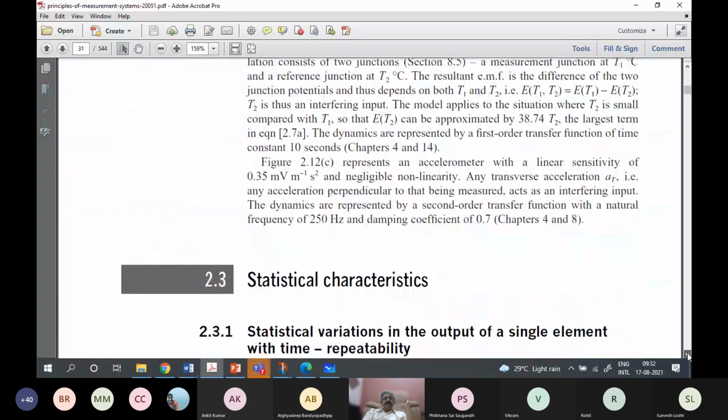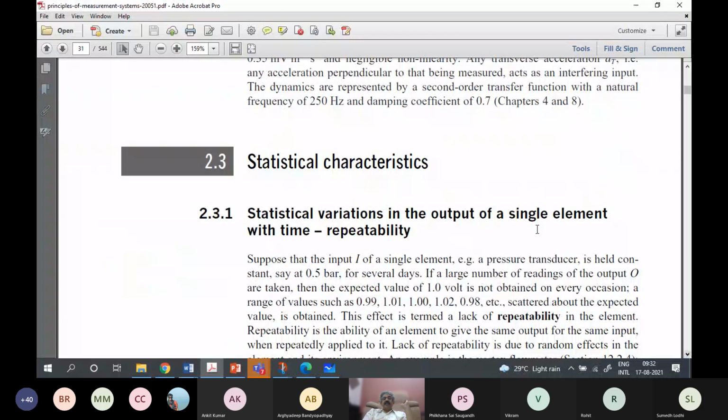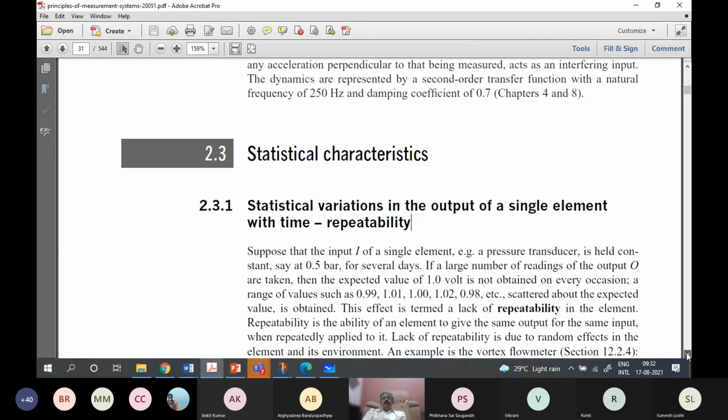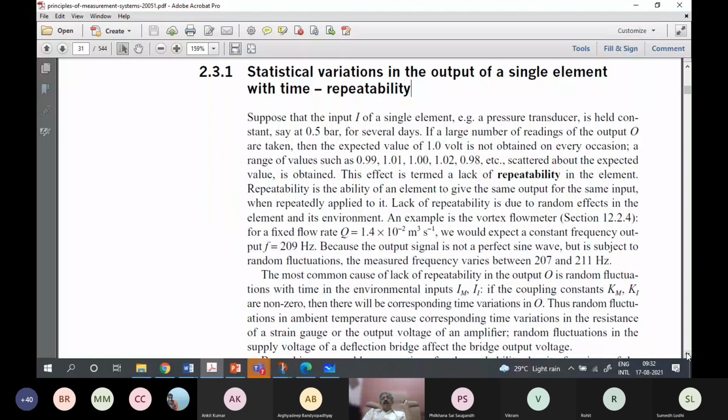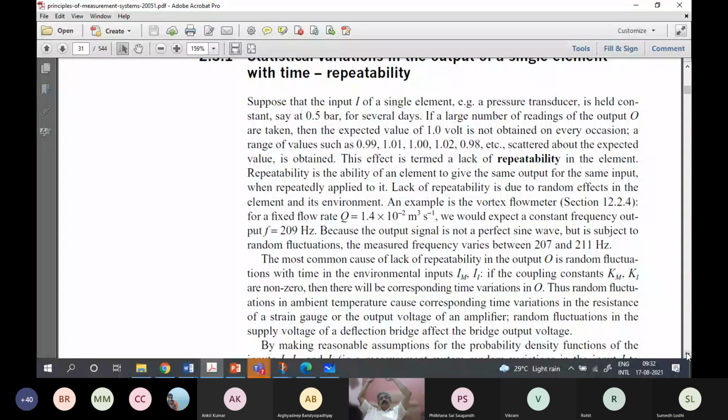So this is the statistical characteristic. What is the statistical variation in the output of a single element? What is its repeatability? If you take 10,000 sensors and try to measure the temperature in this room right now, they will not show exactly the same reading, right?